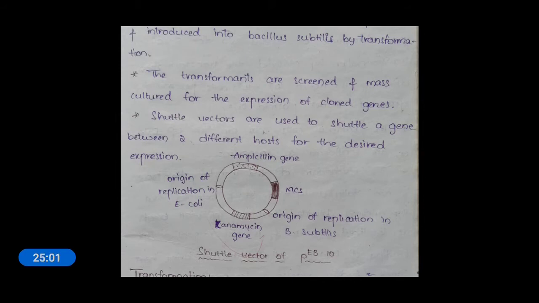If you observe, it contains an origin of replication for Bacillus subtilis and also an origin of replication for E. coli. Okay, that means when it enters E. coli, it will be replicated from this origin site, and if it is in Bacillus subtilis, it will be replicated from this origin site. Okay.